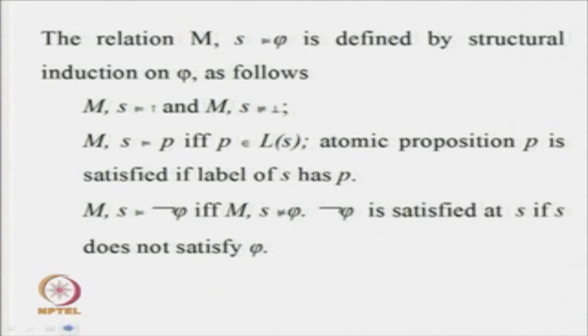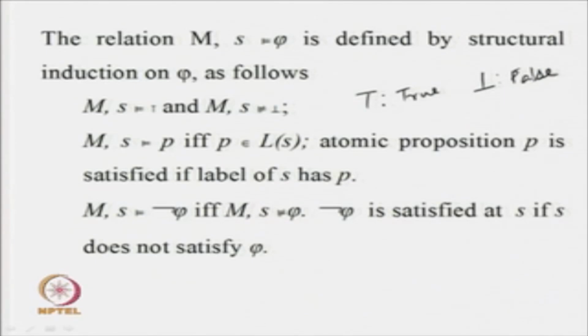Now, that is why I am saying that the relation of this model, the satisfaction relation, is defined by the structural induction of phi as follows. In general, in every state it will be marked by the truth value true, and it will not be marked by the truth value false, because top represents the truth value true and bottom represents the truth value false.